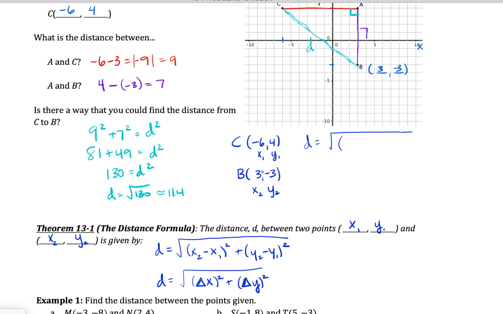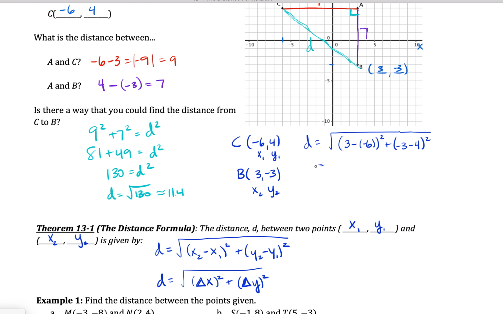Even though I listed it x2 minus x1 and y2 minus y1, it doesn't matter which order you do it in. The squared is going to take care of the difference between doing x1 minus x2 or x2 minus x1. But I'll stick with what I wrote down here: x2, which is 3, minus x1, which is -6, and I'm going to square that, plus y2, which is -3, minus y1, and I'm going to square that.